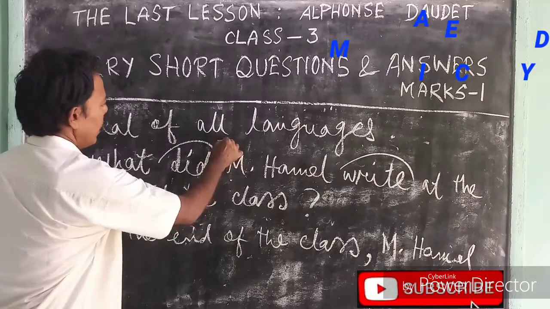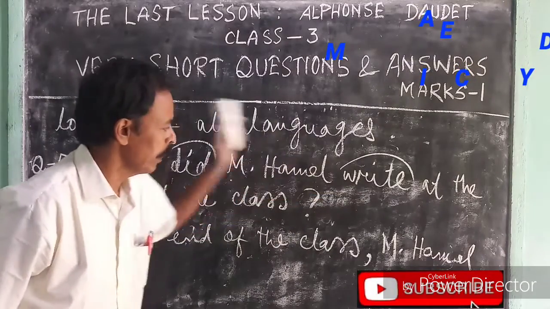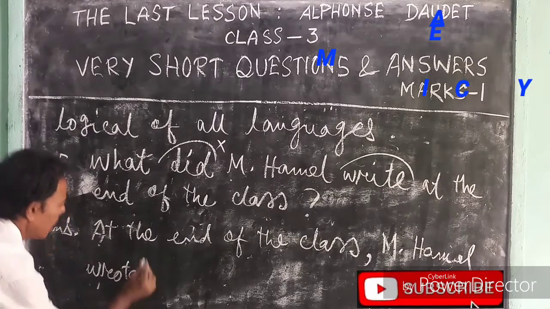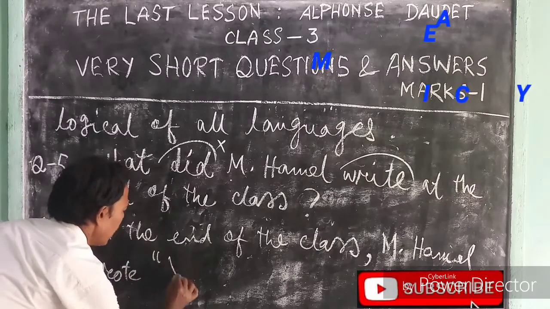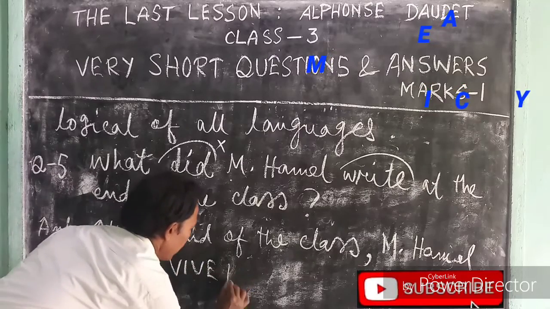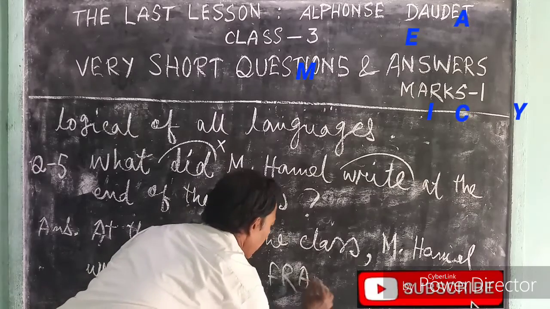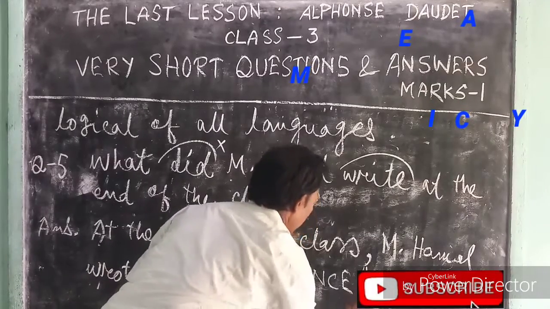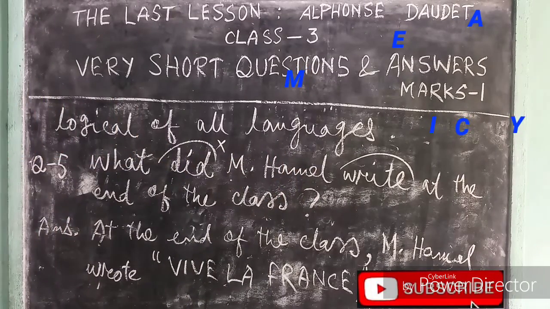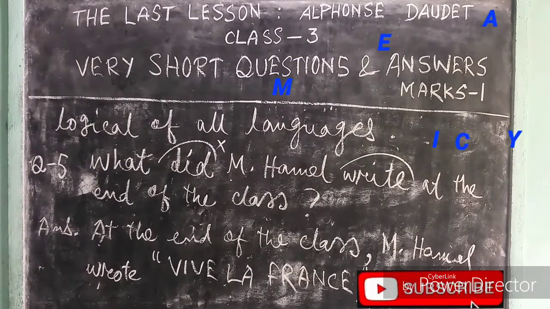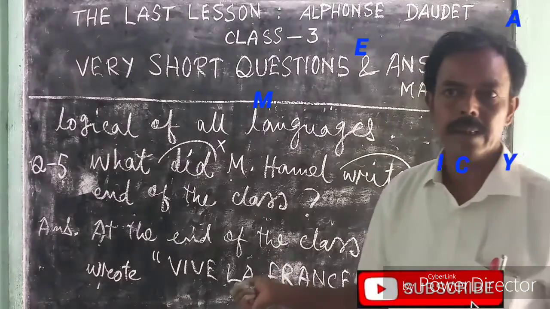Here in the answer, we omit did, so we shift write into wrote. At the end of the class, MML wrote, we will laugh. We have to be careful in this context that we maintain contextual elements as well as the target point as well as the tense pattern of the question as well as the answer.